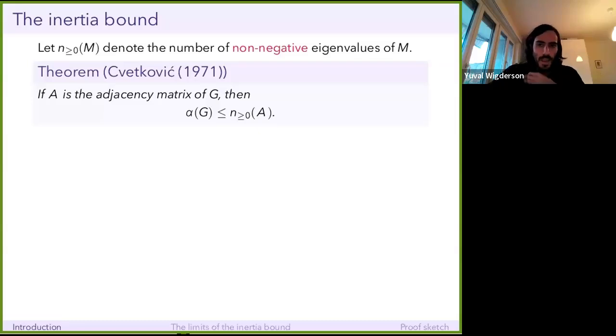It's a rather pretty result. I learned the ratio bound when I was an undergrad in my combinatorics class, and I never learned the inertia bound. It's something I wish I had known. I bet many people here have seen it, but just to be on the safe side, I'll show you a proof of this.